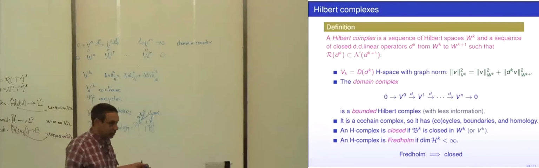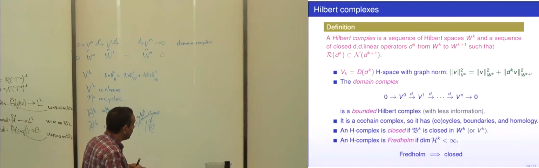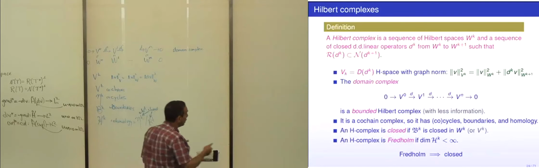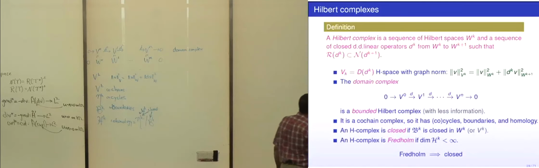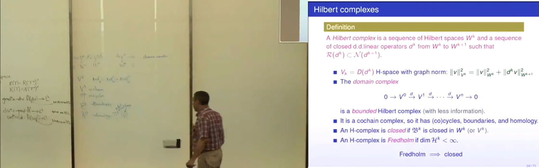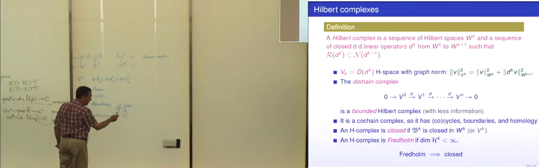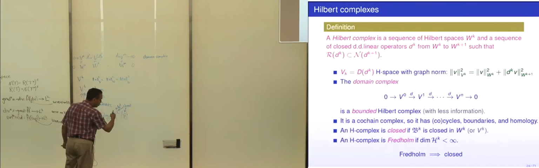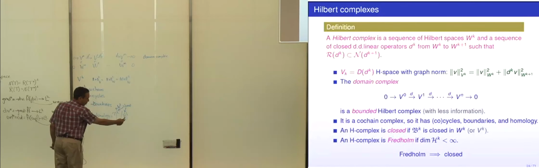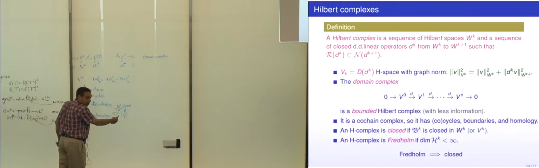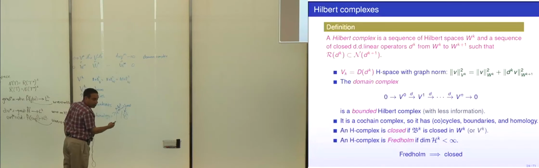It's all very nice. One more definition before I go on is that a Hilbert complex is Fredholm if this space is finite dimensional. Usually Z and B are not finite dimensional, but the quotient is. That means the range has finite dimensional codimension, and there's a little lemma that says when that happens, the range is closed. So if this is finite dimensional, it's definitely closed.